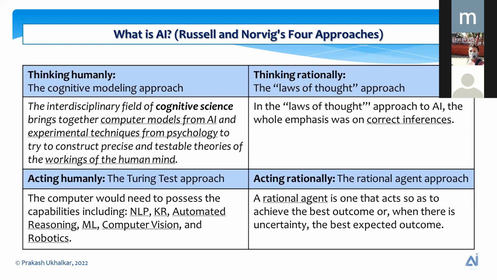The combination of computer models and human psychology helps to build testable theories, concepts, and models of the working human mind. And that is basically the logic behind these four definitions we have mentioned. If we could understand how humans work, then we can make machines think like that, work like that.